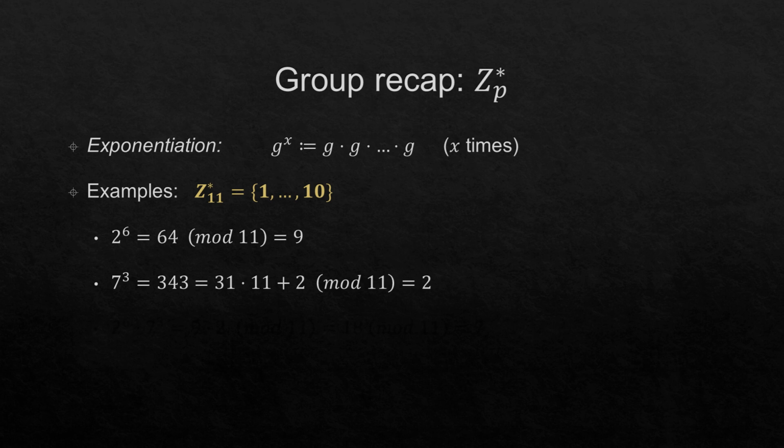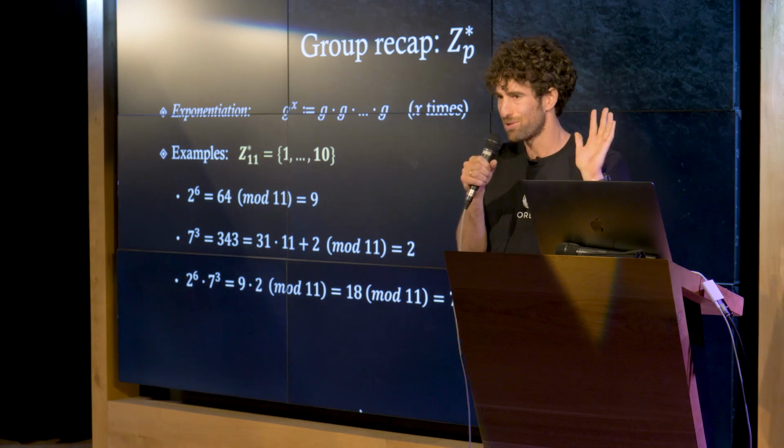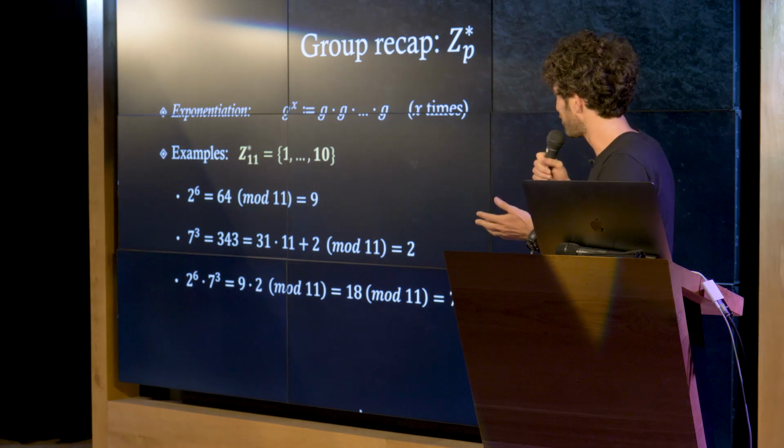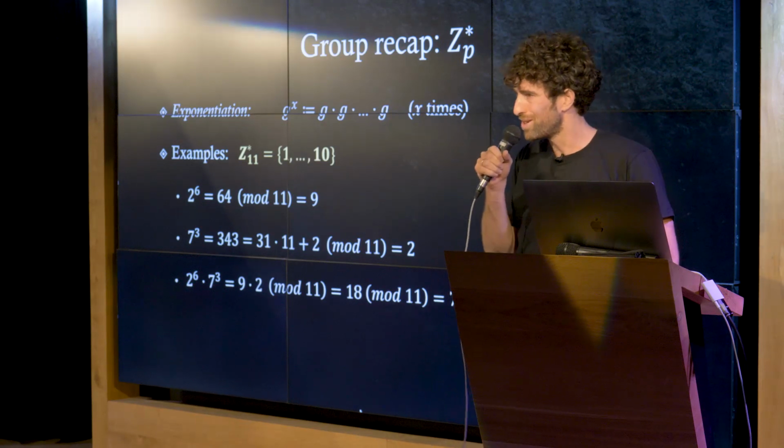And so when we mod out 11, we get a 2. And if we multiply the two of those, we get 2 times 9, which is 18. When we mod out 11, we get a 7. So that's the only kind of group you should have in mind throughout this talk. Maybe not 11, maybe some very large prime, but that's it.